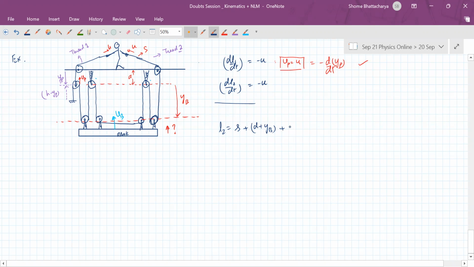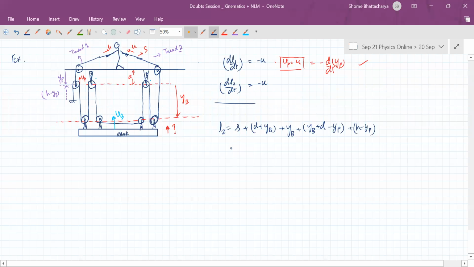Oh, sorry, there are 4 sides which are just YB, and there's one more side. In my diagram it is looking like YB, but remember that this pulley is at a movable distance. So it is at YB plus D minus YP. And finally there's that smaller side which is at H minus YP. So this is the total thread length.